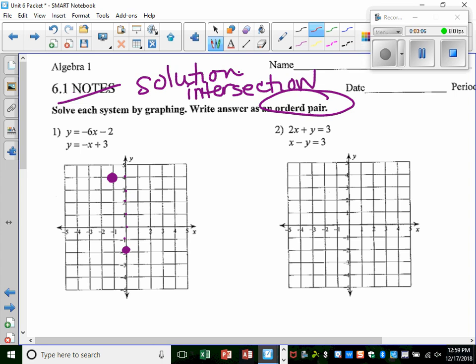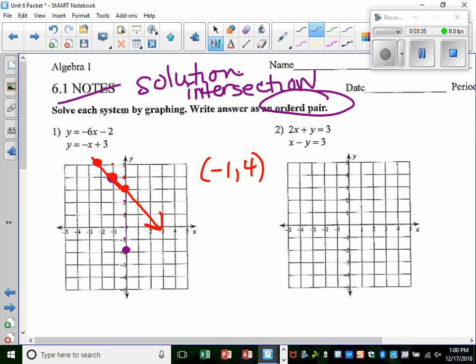Start at +3, and the slope is -1. I'm going to go up 1 and then to the left, so I can already see that those 2 points are intersecting one another. Up 1 to the left, and I can go ahead and read that coordinate. -1, 4, I already have my solution.